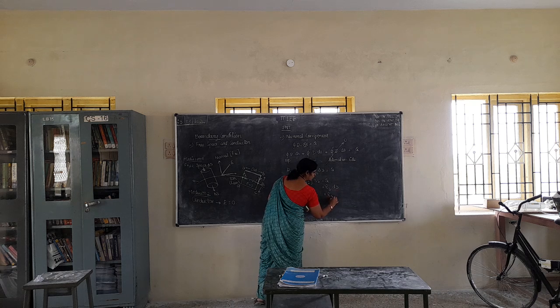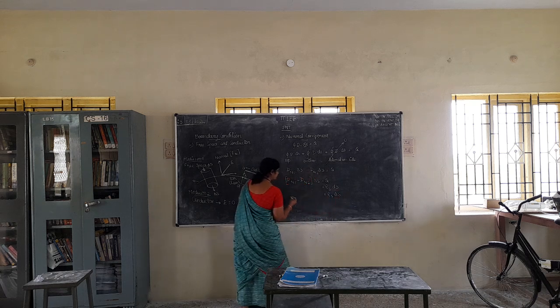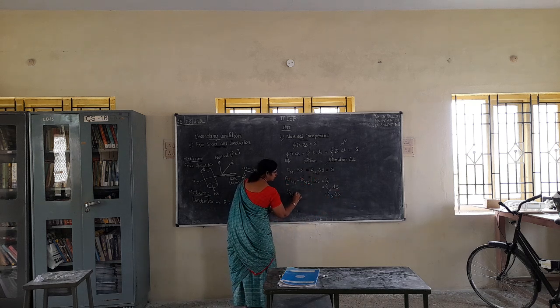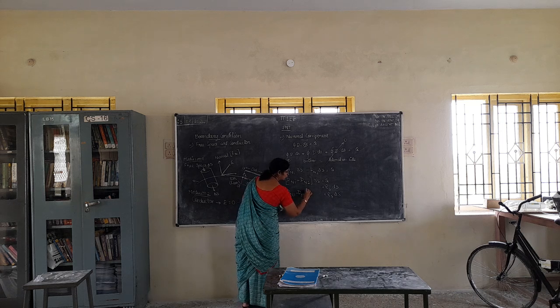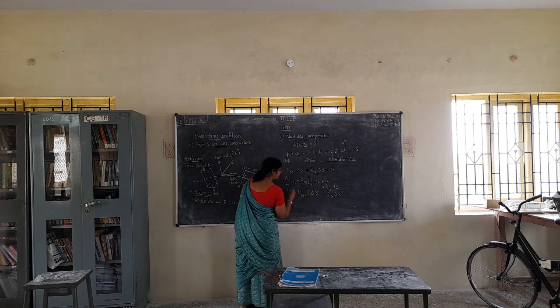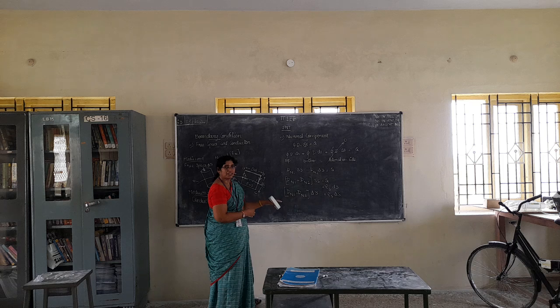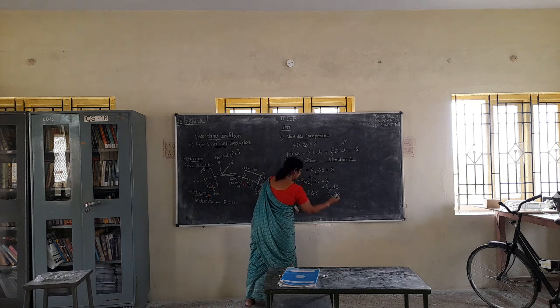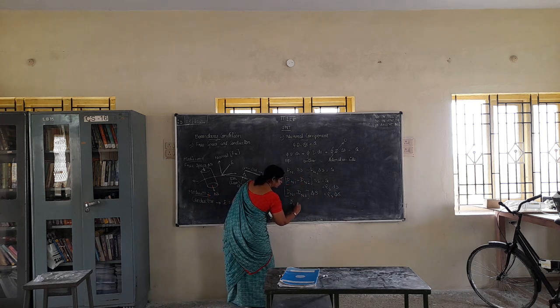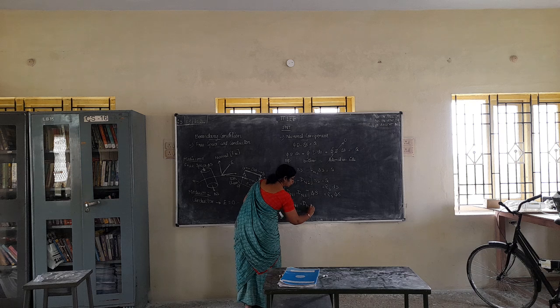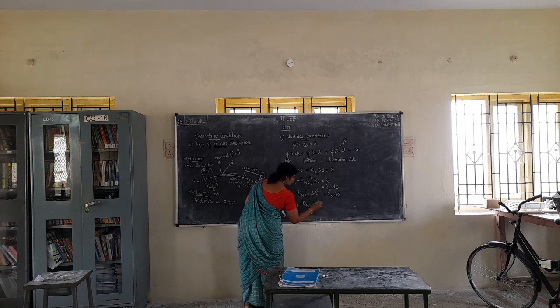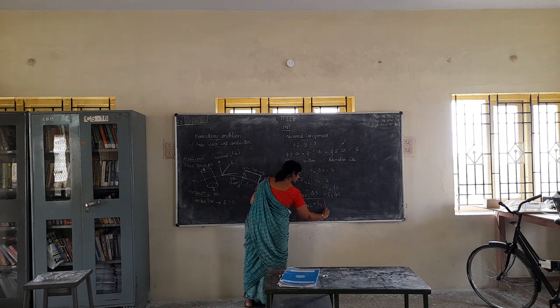So replace your dS as del S. Therefore, we write Dn1 minus Dn2 into del S will be equal to rho S del S. So del S will be cancelled. Therefore, Dn1 minus Dn2 will be equal to rho S.